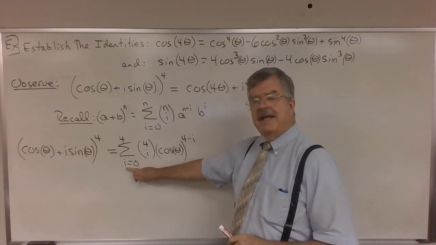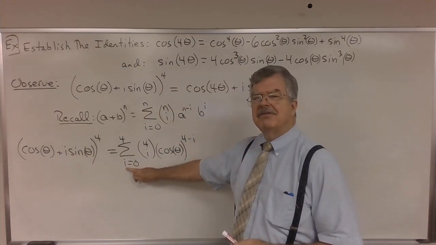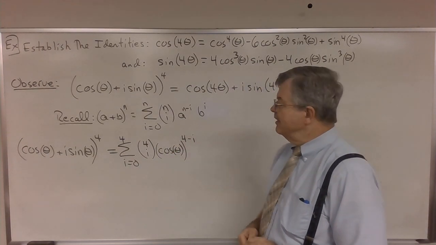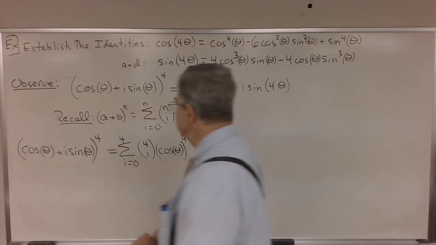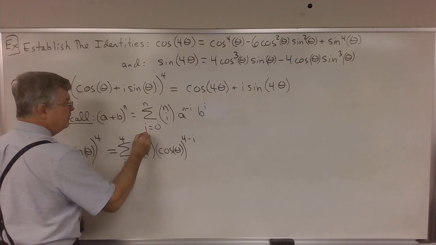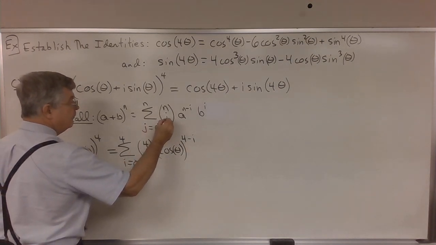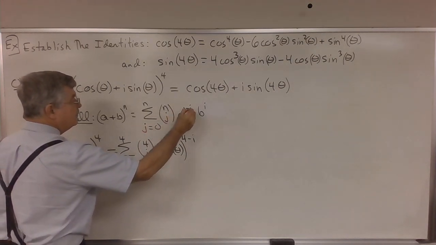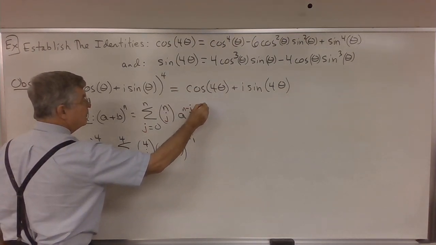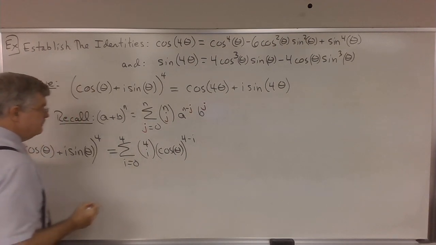I have an i here, which is the index of my sum. It's a different i. So what I'm going to do is just change my index i to a j, just to avoid confusion. Okay?